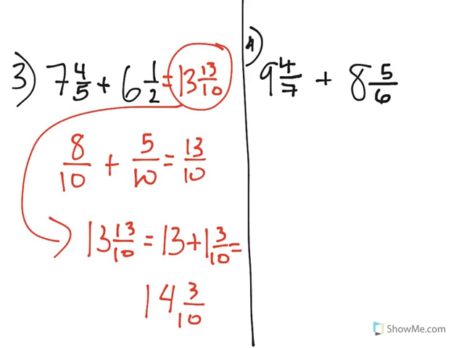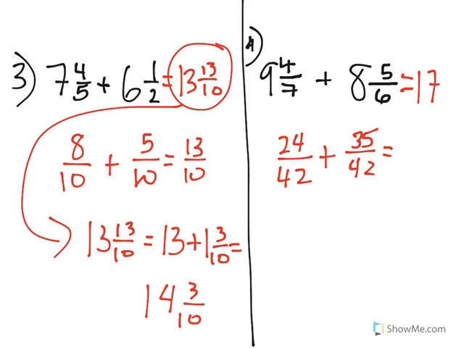So for this last one here, we have 9 plus 8, which is 17. And we have to find the common denominator for 7 and 6, which is 42. That's a big one. To go from 7 to 42, it's times 6, so we have to do 24. And to go from 6 to 42, it's times 7, so this will be 35.